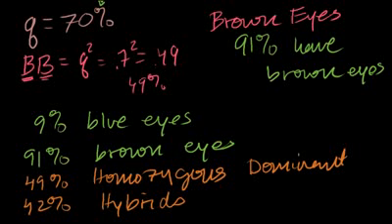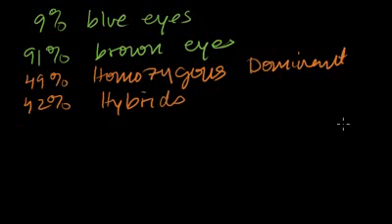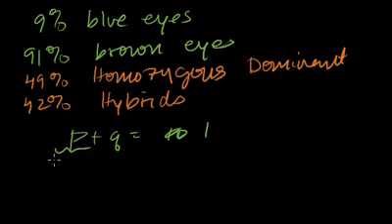And if we go back to the Hardy-Weinberg equation, P plus Q has to be equal to 100%, or I could just write equal to 1. And we figured out that P was 30%, that's the frequency of the blue-eyed allele, the actual trait, not the observation of it or the genotype. And the frequency of the brown allele was 70%. And then this is actually a breakdown when you square that.